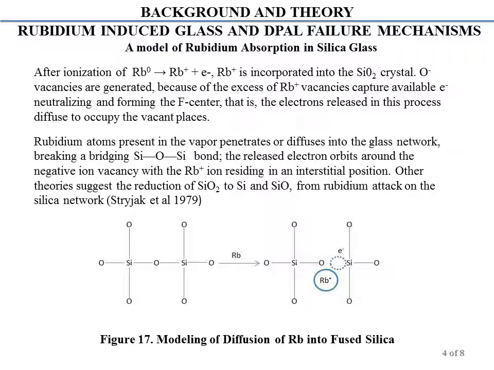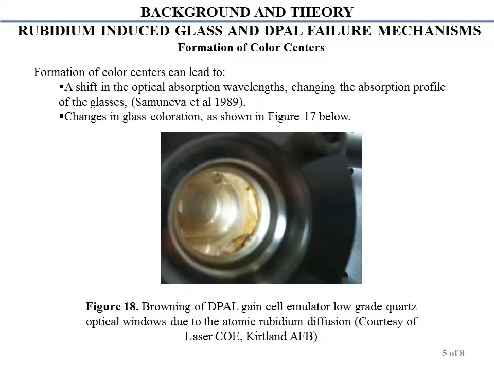Next slide. The formation of color centers can lead to a shift in the optical absorption wavelength, changing the absorption profile of the glasses. That's from Salmoneva et al. We understand how that can be possible because you change the lattice parameter dynamics, and hence the ability for the wavelength shift to occur.